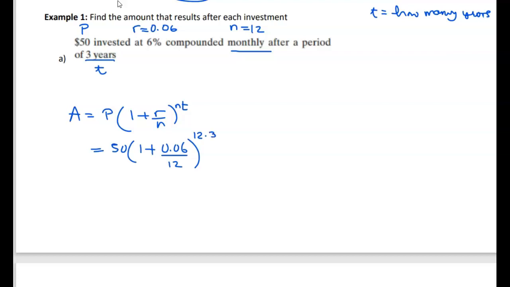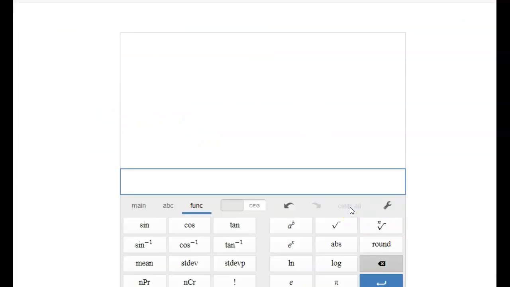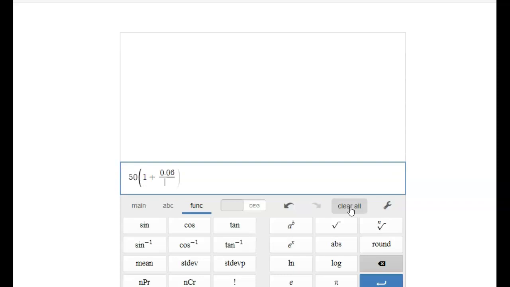So basically you plug this into the calculator: 50, parentheses, 1 plus 0.06 divided by 12, to the power 12 times 3.